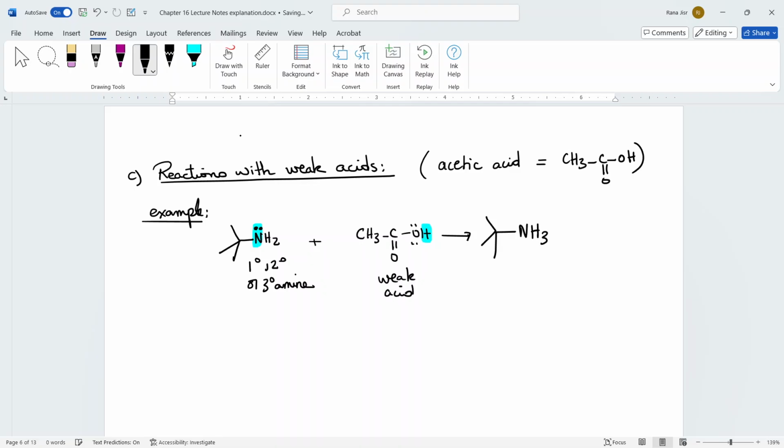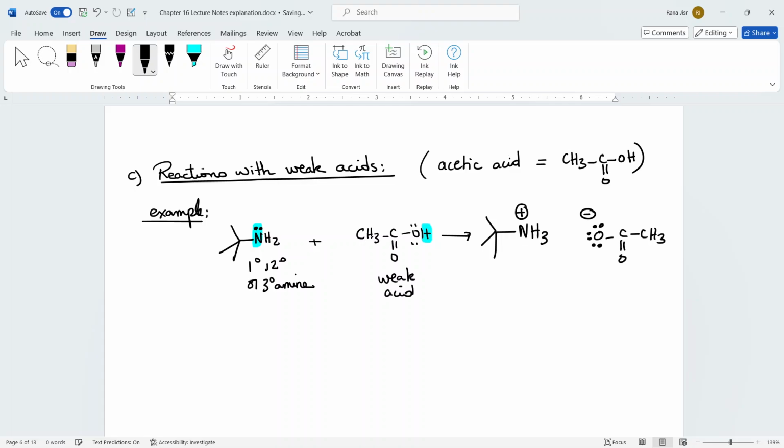So I'm going to end up having my ammonium ion, my alkyl ammonium ion here. It's a tertiary butyl ammonium ion that is counterbalanced with the leftover of the acetic acid. The leftover of the acetic acid is the oxygen, the carbon double bond O, and then the CH3. Guys, please put your charges in there. So oxygen with one bond has a negative charge.